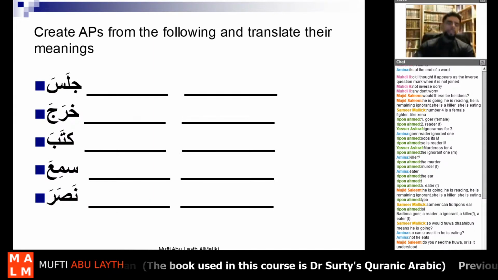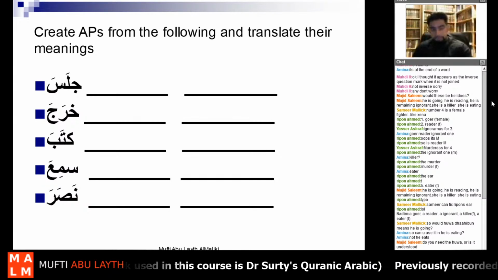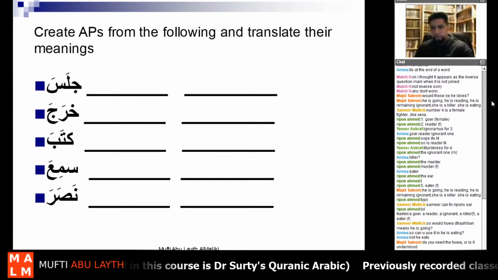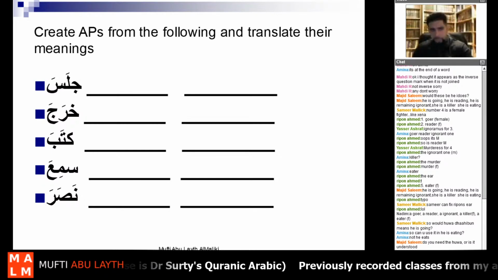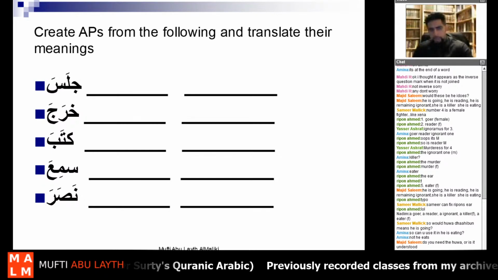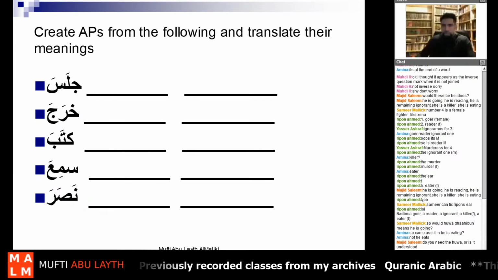Alright, okay. So here, what I'd like you to do is create the active participles from these 5. So if you write them down, you can also write their meanings. You could do that on a piece of paper or wherever you're taking the lesson notes.